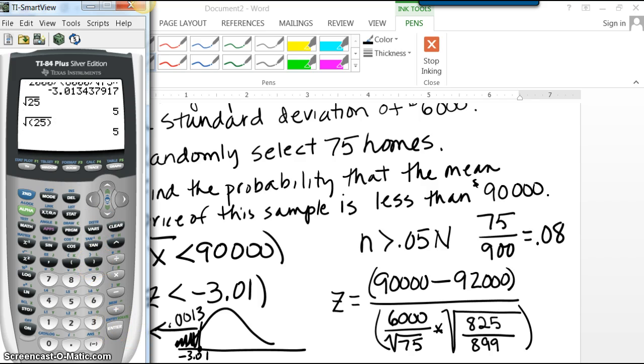You'll just have to watch and see which kind of calculator you have to get it to perform the correct way for you. And it may make it a little more difficult for those of you who have the parenthesis key to enter all of this. It may give you a leading parenthesis right before the 825, and you'll have to end one behind the 899. Same way here with the 75. You may have to end a parenthesis behind the 75 before you hit the times key.